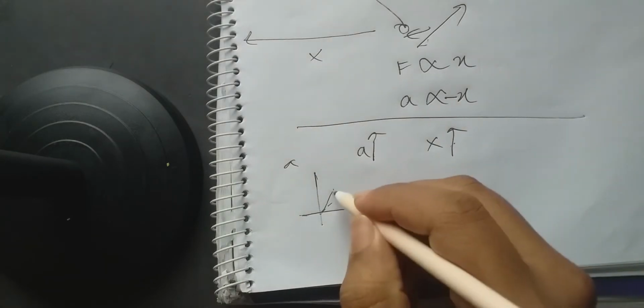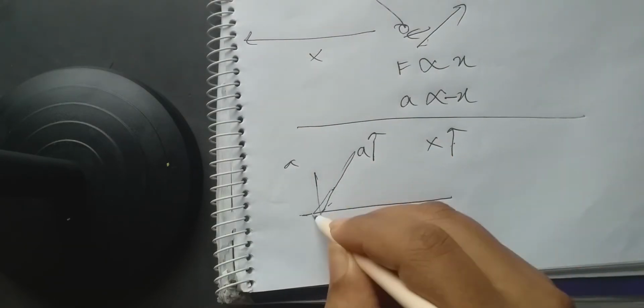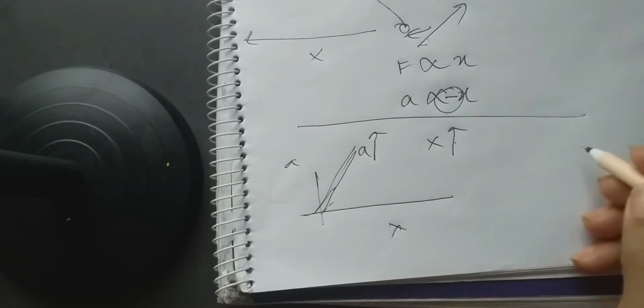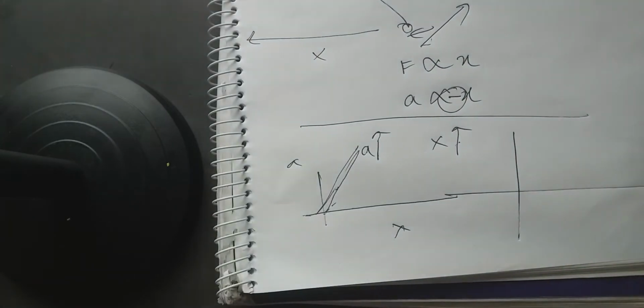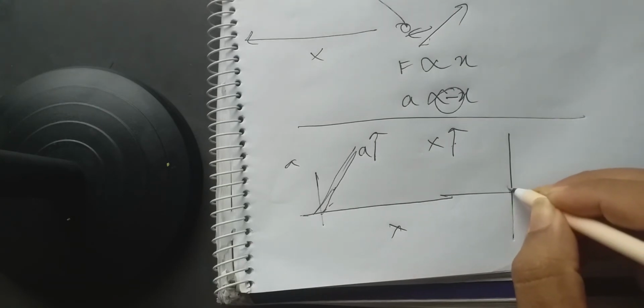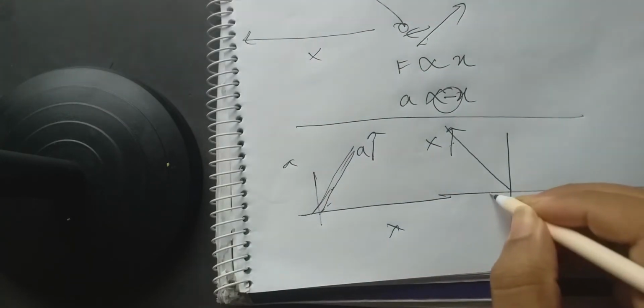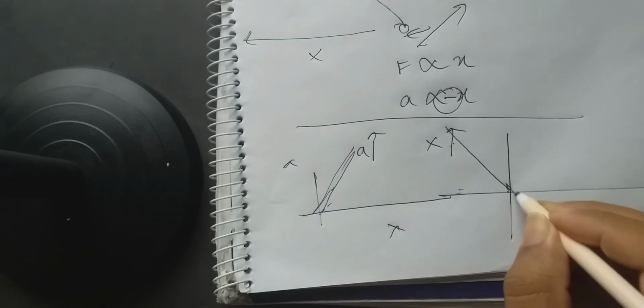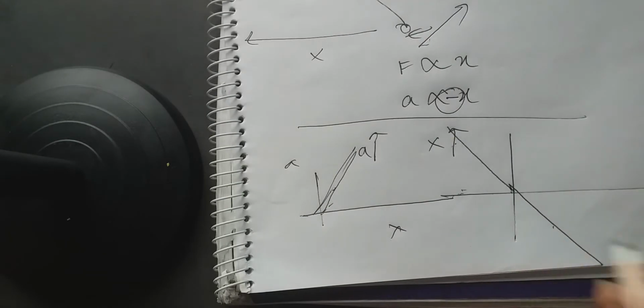So if the acceleration is increasing, so shall the displacement. But as this has a minus, the graph will be similar, but on the other side. So as the acceleration increases, the displacement will increase, but on the negative side. So the curve will be something like this.